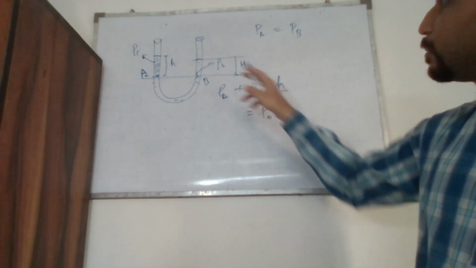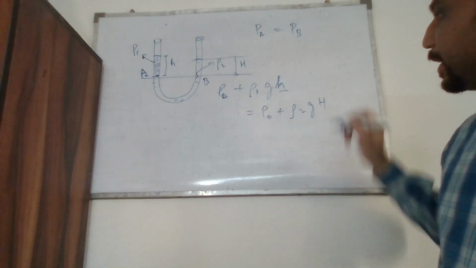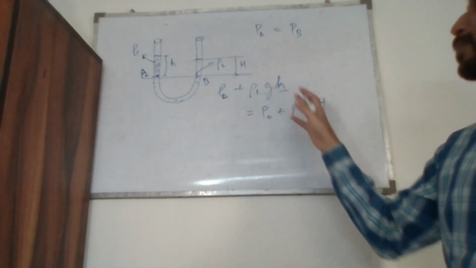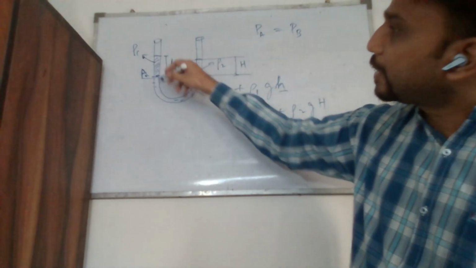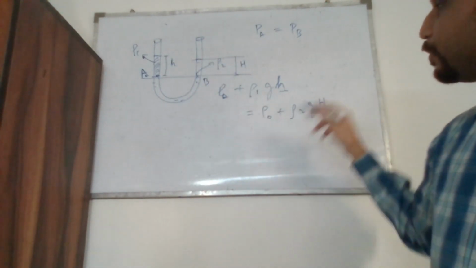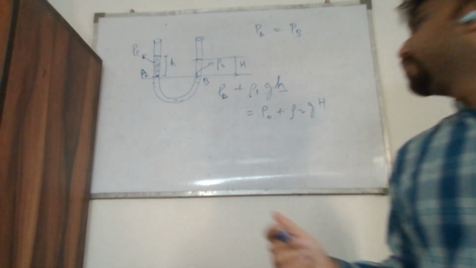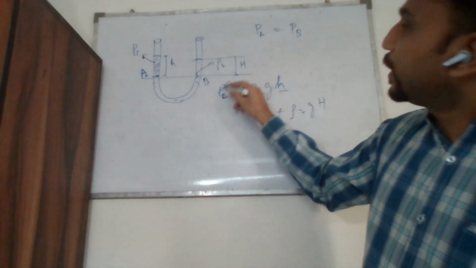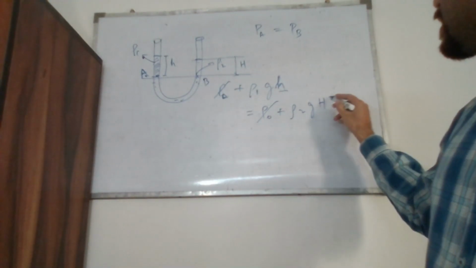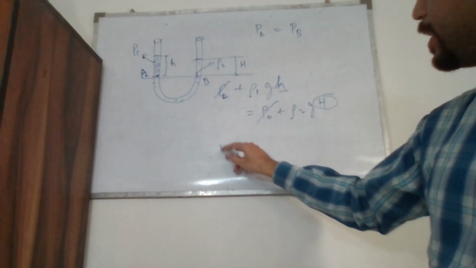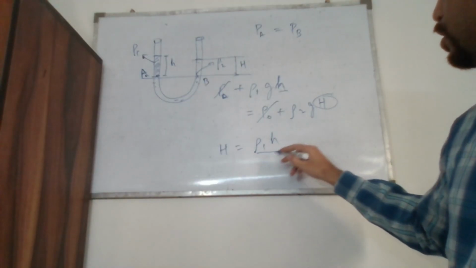So P naught plus rho 2 G into capital H. So these are individual pressures at point A and point B. But since they are lying in the same fluid, that is fluid number 2, we can equate them. So this is a special thing which we can do. So as we equate them, it is pretty clear that P naught gets cancelled out and we get the relation. That is, if we want to find height H, H is simply equal to rho 1 h upon rho 2.